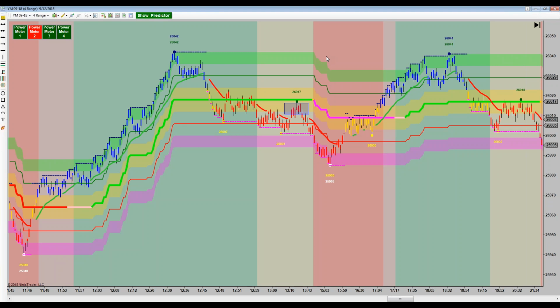Legitimate short, yes or no? And then we're going to wrap. Two seconds. Time's almost up. One second. Yes. Yes, that's a legitimate short trade.